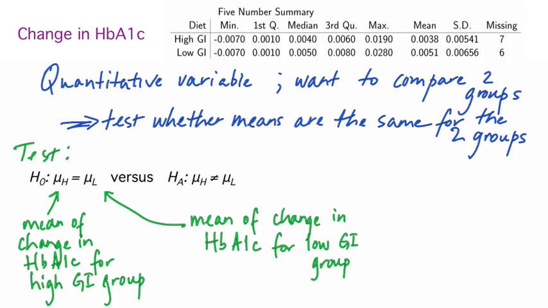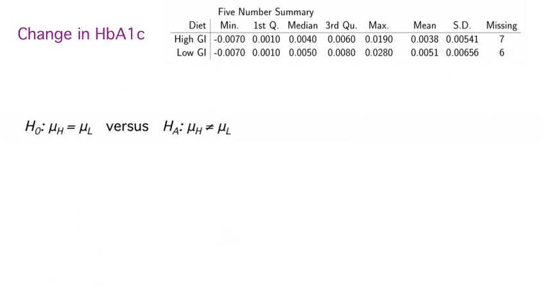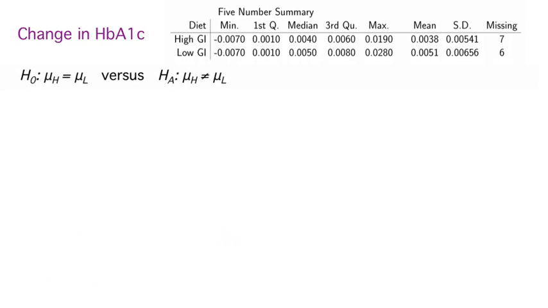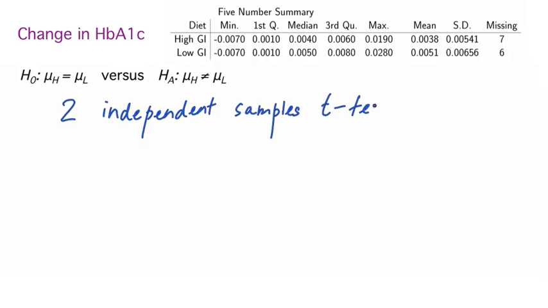Our 2 treatment groups, the high GI and the low GI groups, include different people. So this is a 2 independent samples case. And to test whether the means in the 2 groups are equal, we can use the 2 independent samples t-test. We have 2 versions of this test.